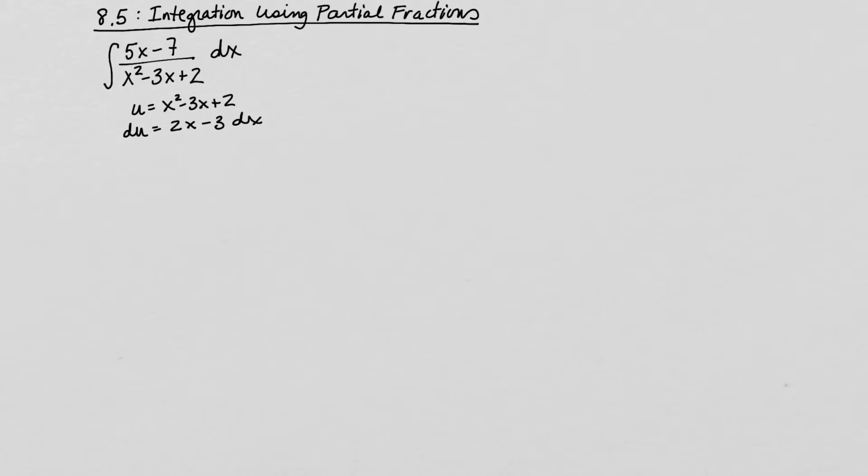The problem we run into is that I don't have 2x minus 3 up here. I have 5x minus 7, and so I can multiply everything by 2/5. But if I multiply by 2/5, I would get rid of the 5 and end up with a 2, but 2/5 times 7 is never going to give me 3. So my pieces just don't line up correctly.